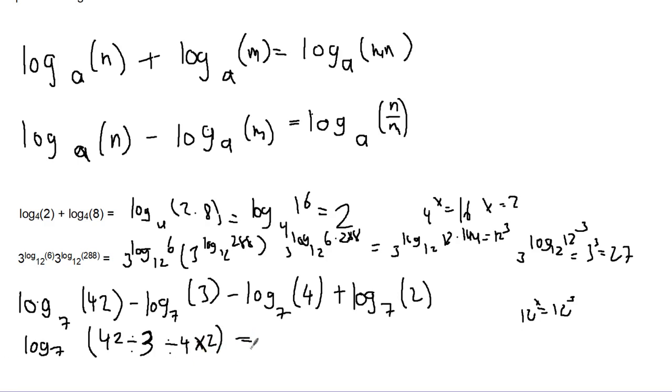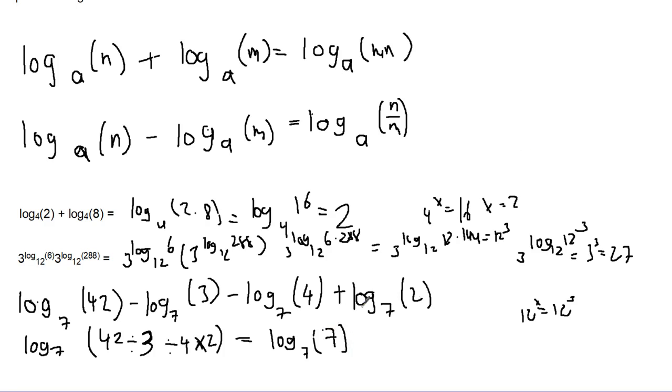That's equal to log base 7 of... what's 42 divided by 3? 14. And then 14 divided by 4 is 3.5. And then 3.5 multiplied by 2 is 7. So log base 7 of 7.